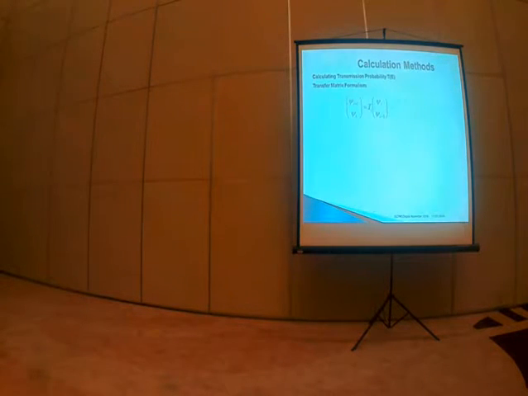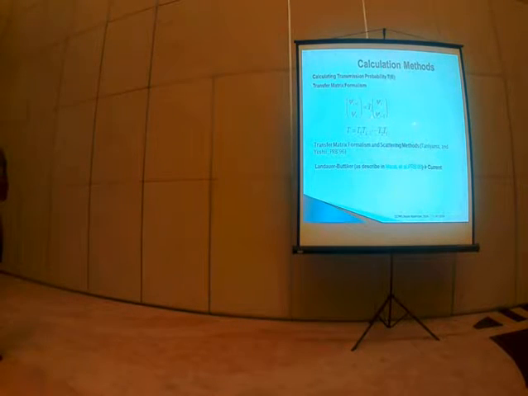And then we calculate the transmission probability using the transfer matrix method. Using this method, if we know the wave function at sites i-1 and i, we can calculate the wave function at site i+1. After many calculations, if we know the wave function at the left side of the DNA, we can calculate the wave function on the right side.